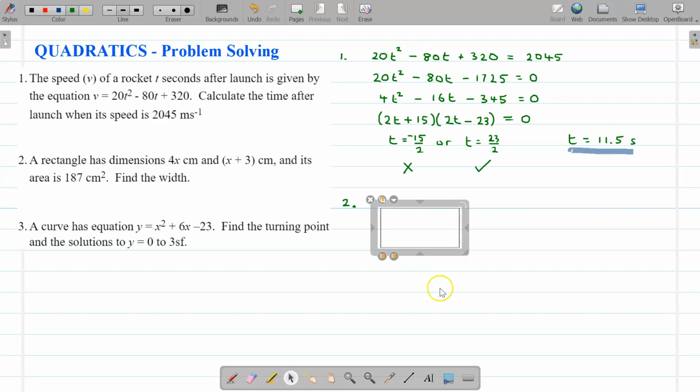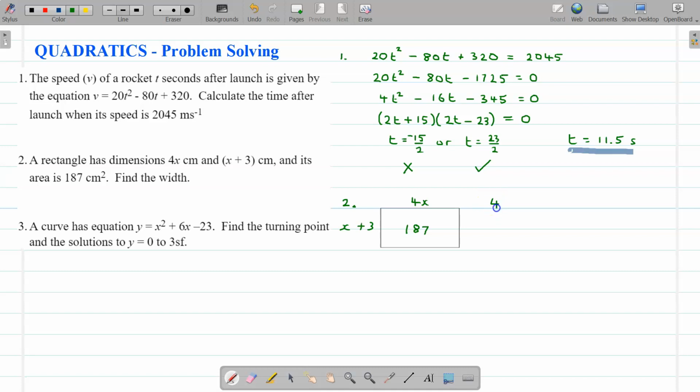Now we don't know which is which, but unless x was very small, we can assume that the length is the 4x and the width is the x plus 3. Okay, and we know that if we multiply them together, we get the area, which is 187 centimeters squared. Okay, so what I'm going to do is I'm going to write a quadratic that reflects that.